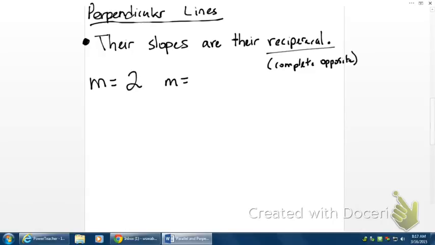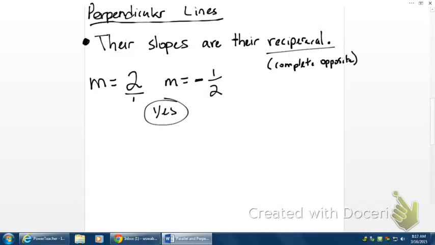Freddie had the other part right. I like to think about it as just flipping it. 2 would be considered really 2 over 1 in terms of slope. So you just flip it: negative 1 over 2. These would be considered perpendicular slopes.